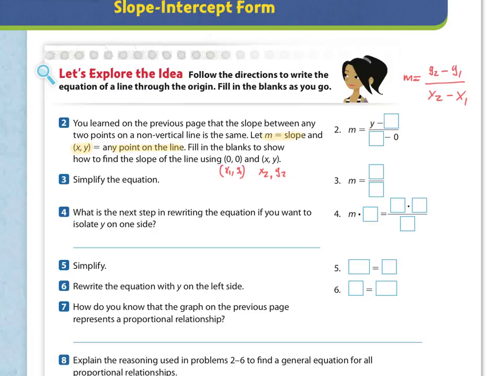Jimena, can you tell me what my x1 is? Okay. Christopher, can you tell me what my y2 is? X1 is 0. What will be my y2?